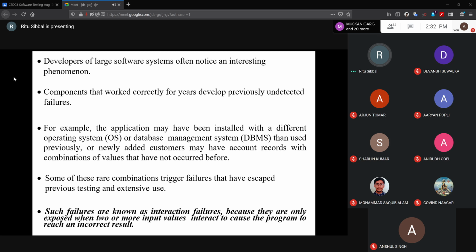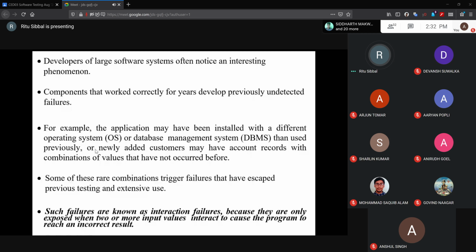So, for example, suppose there is an application which has been installed with an operating system and a database management system used previously. Suppose it was running on an operating system and using a DBMS package, and you suddenly change the OS and the DBMS for some newly added customers.